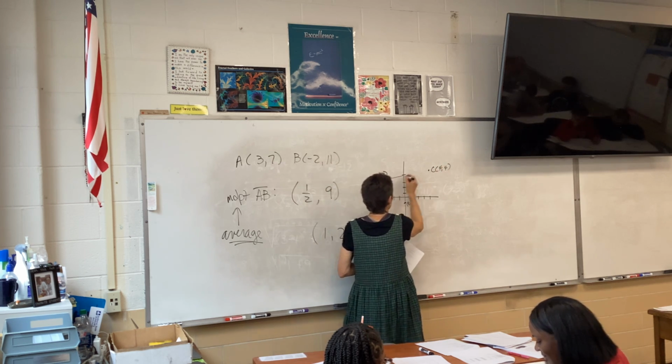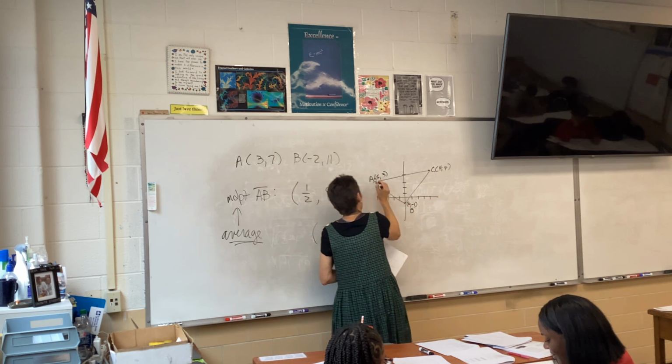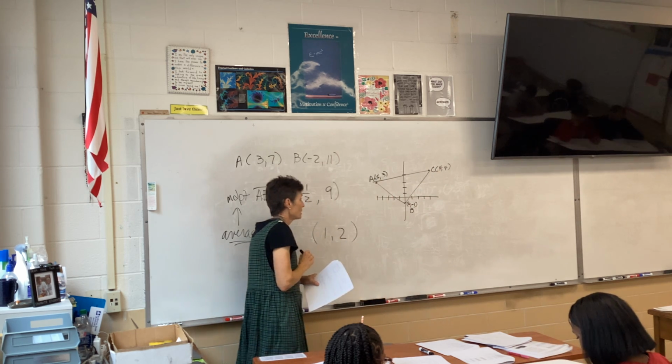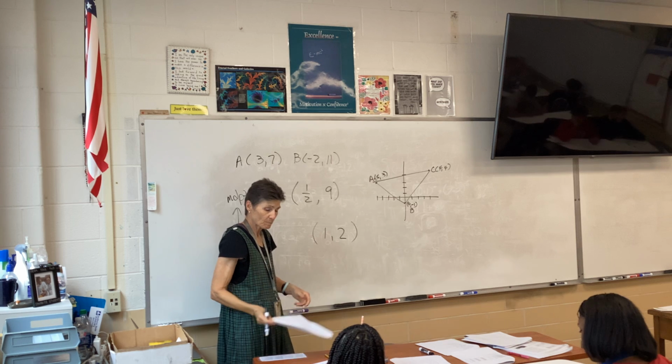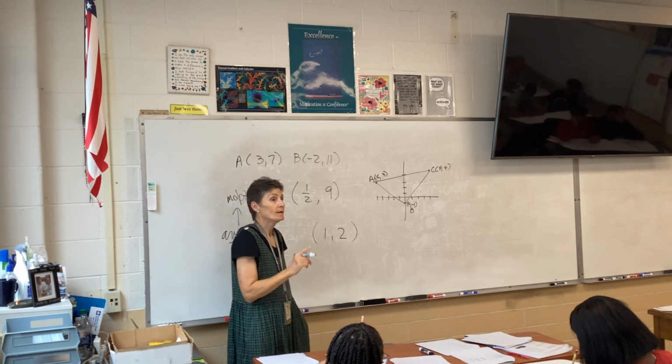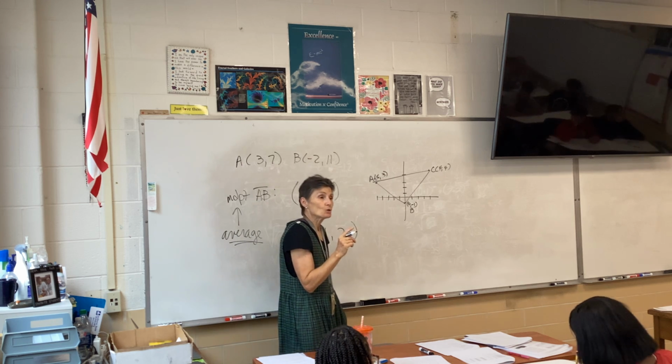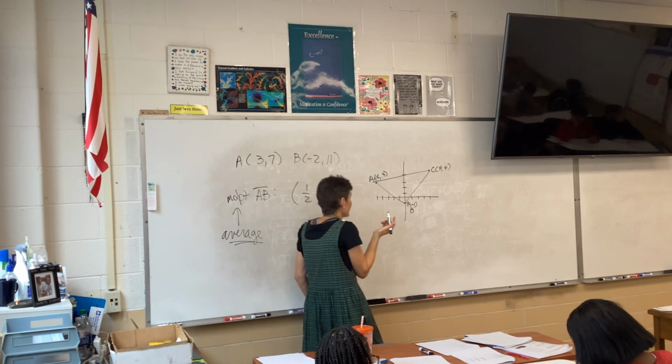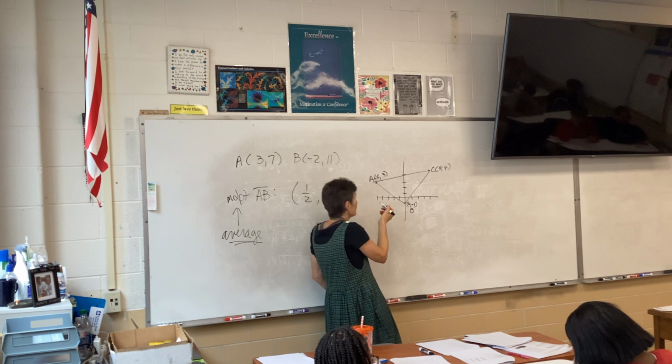Okay, well, it's a triangle, obviously. What do you know about perimeter? What's perimeter mean? It's the sum of the sides. Exactly, it's the distance around. So to find the perimeter, what are we gonna have to do? Find the distance of all.